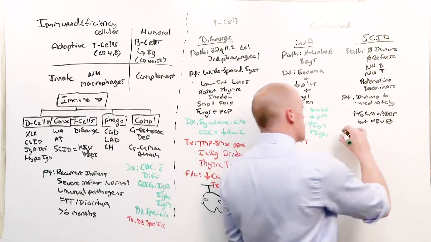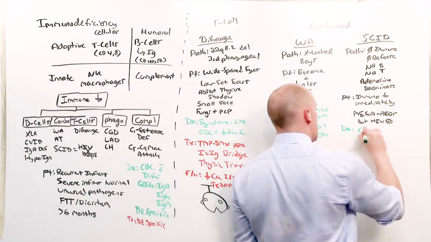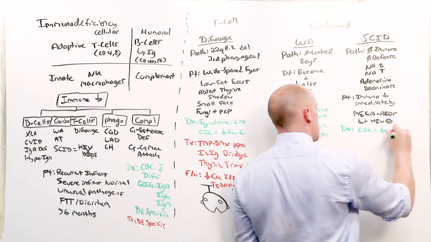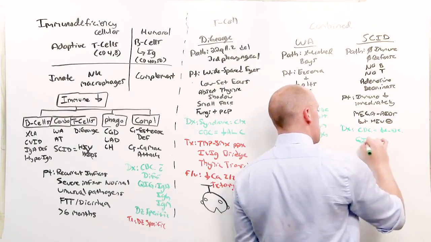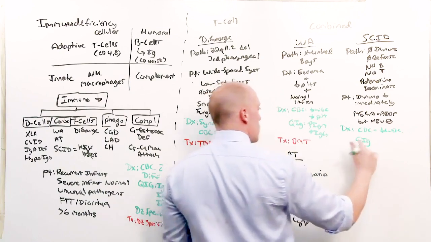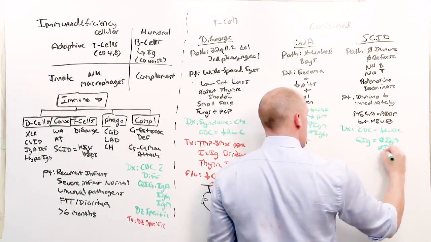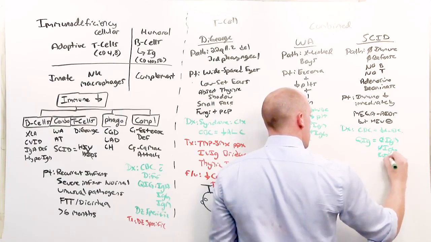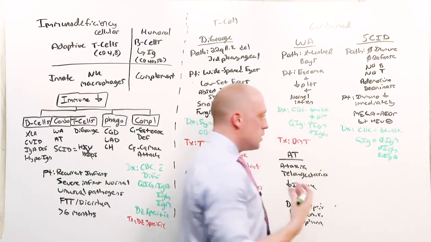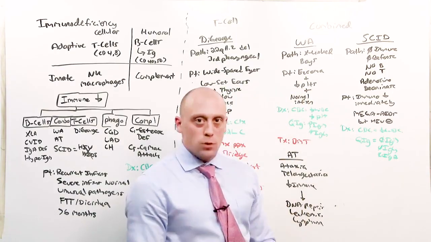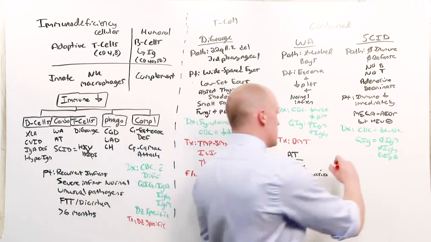You're going to make the diagnosis by getting a CBC, which will show decreased white blood cells. And you might get the immunoglobulin quantitative study, in which case you'll have no IgM, no IgG, and no IgA. This person can't live. The way you have to treat them is to isolate them.